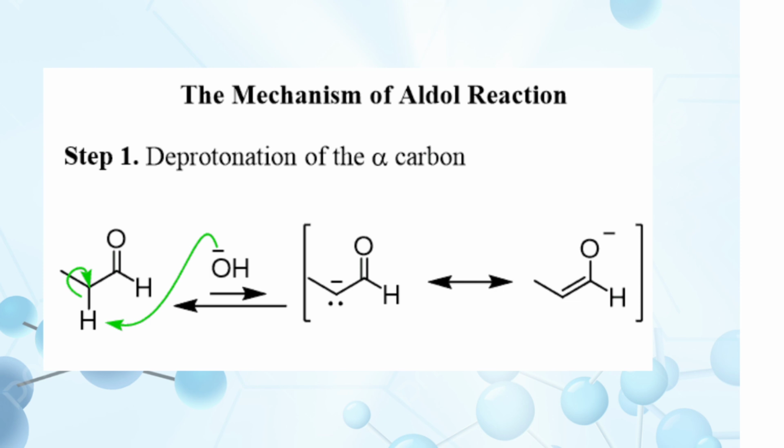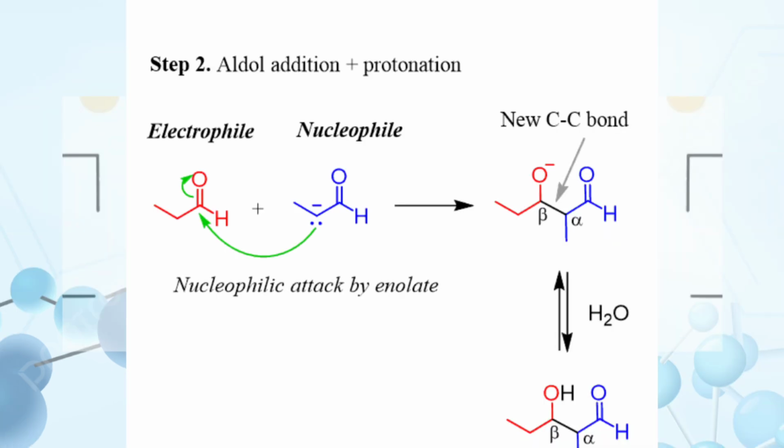In the second step, you can see that the aldol addition takes place. The nucleophilic attack of the carbanion on the carbonyl carbon of another molecule gives an anion. That is, the carbanion we have got from the first step will attack the electrophile, that is another aldehyde molecule, to give the anion.